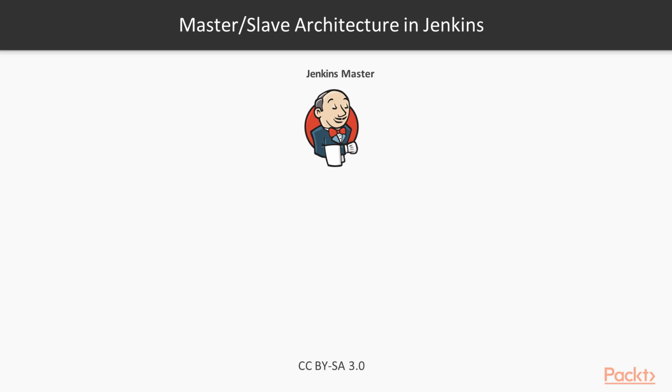We are going to deploy Jenkins on AWS using a master-slave architecture. This is also called master-agent or master-worker architecture. Let's see how it works. Until now, we have used Jenkins on a single master node.